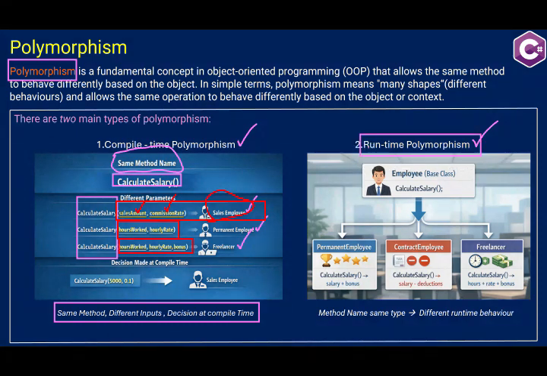In runtime polymorphism, if you see here, the Employee base class has CalculateSalary. You can assume the base class is either an abstract class or a normal class, one kind of base class which contains CalculateSalary.